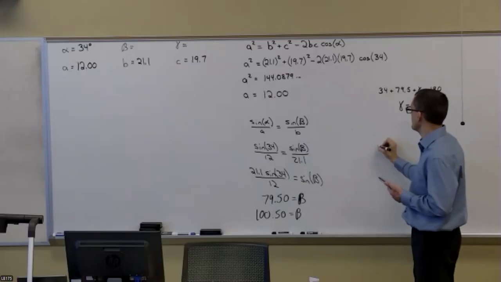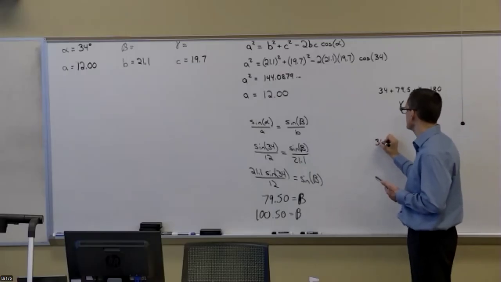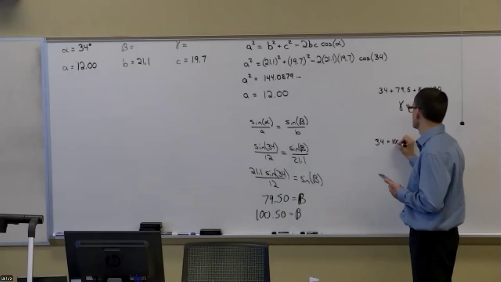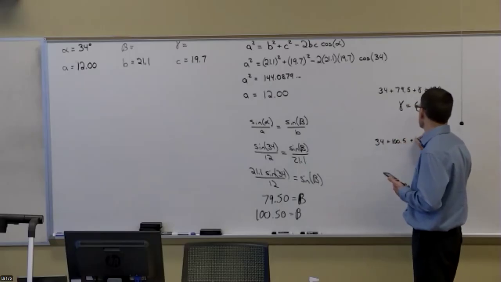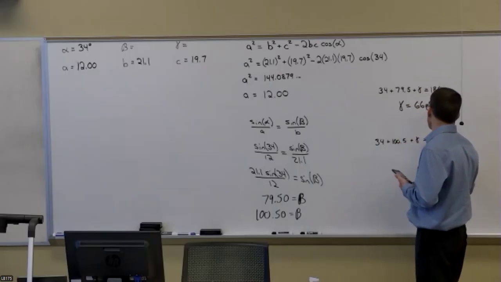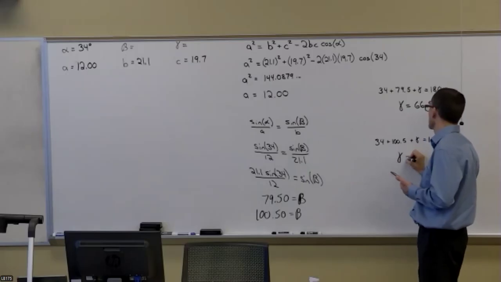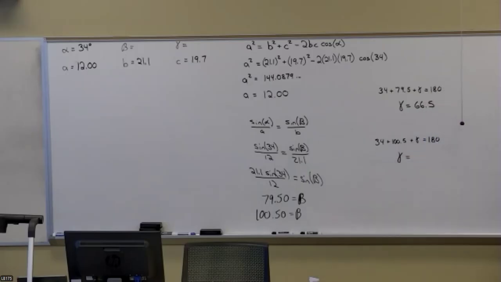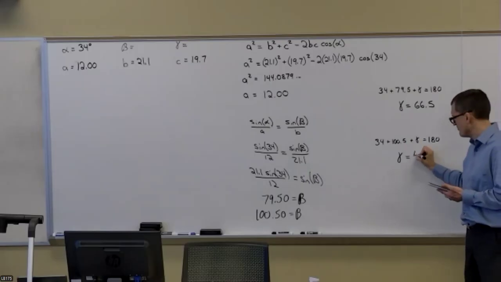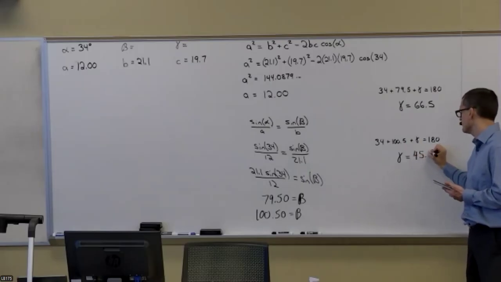If I would have used the supplementary angle, gamma would have been 45.5.